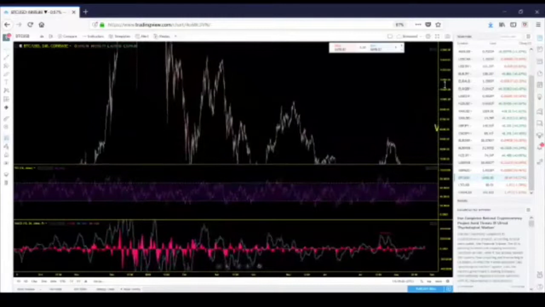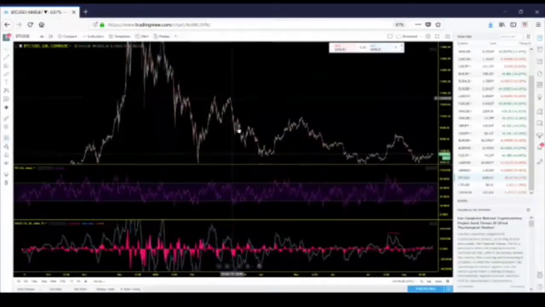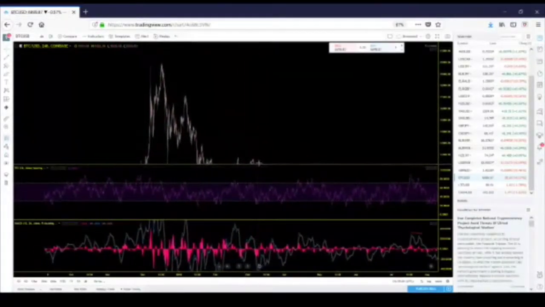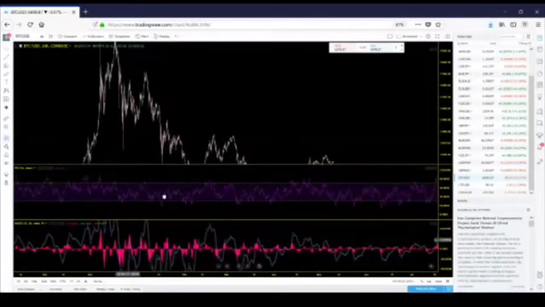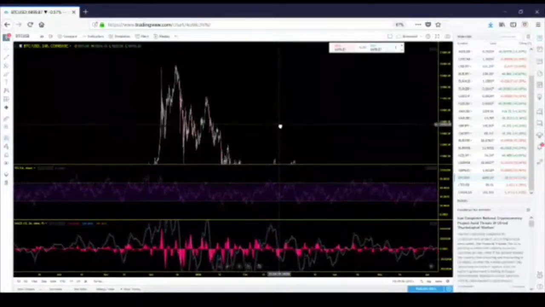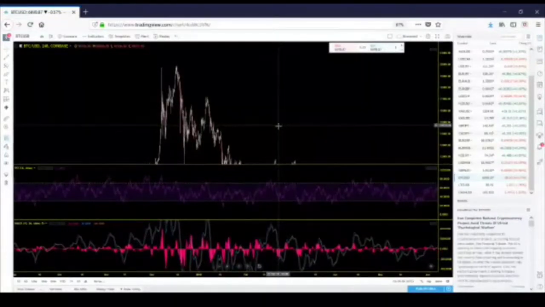And this is where I wanted to show you at this point when Bitcoin has reached the highs of 20,000. I'm going to show you what happens when you have divergence.